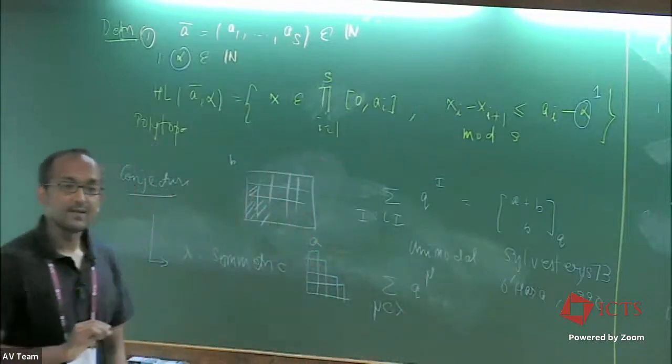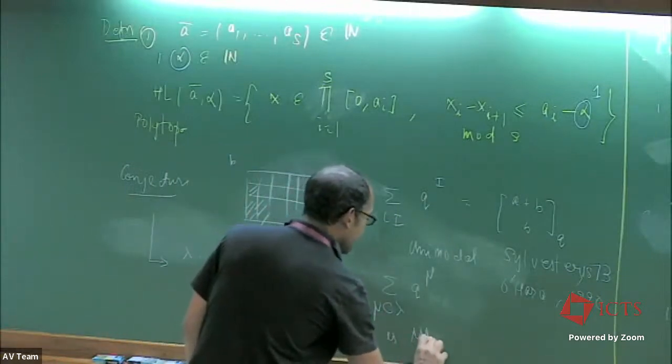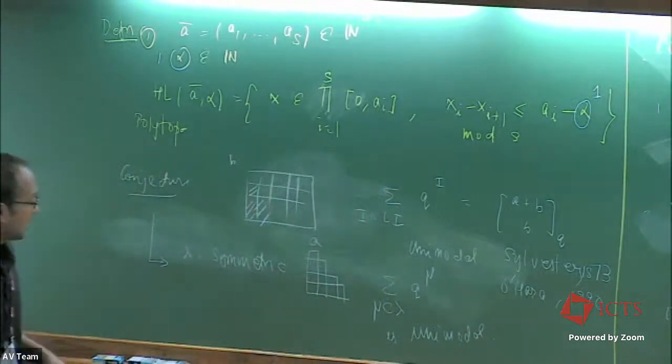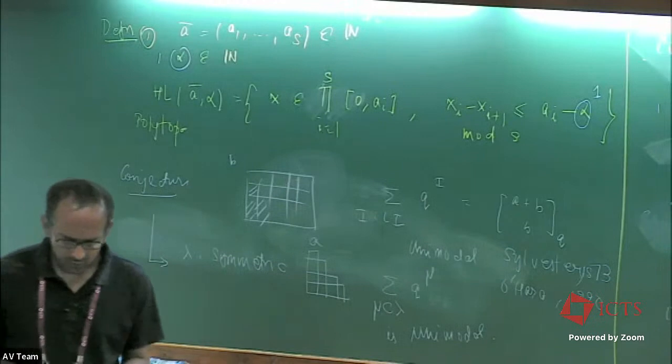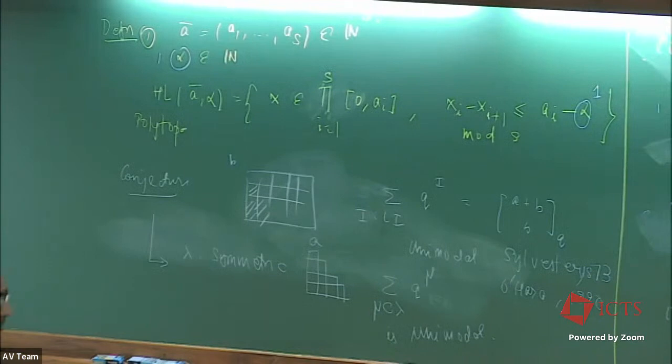The conjecture is that this is unimodal. This problem, I believe, was first posed by Stanley in the 1980s. There has been some work done on this problem, but progress has been slow.